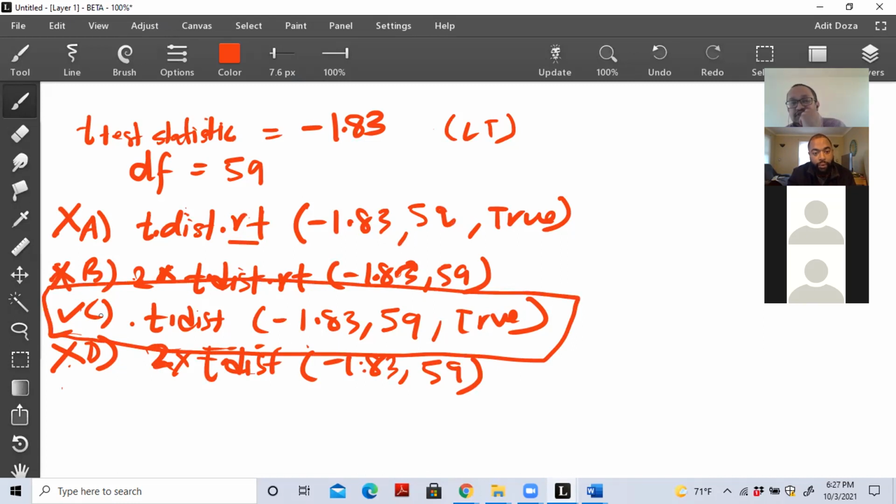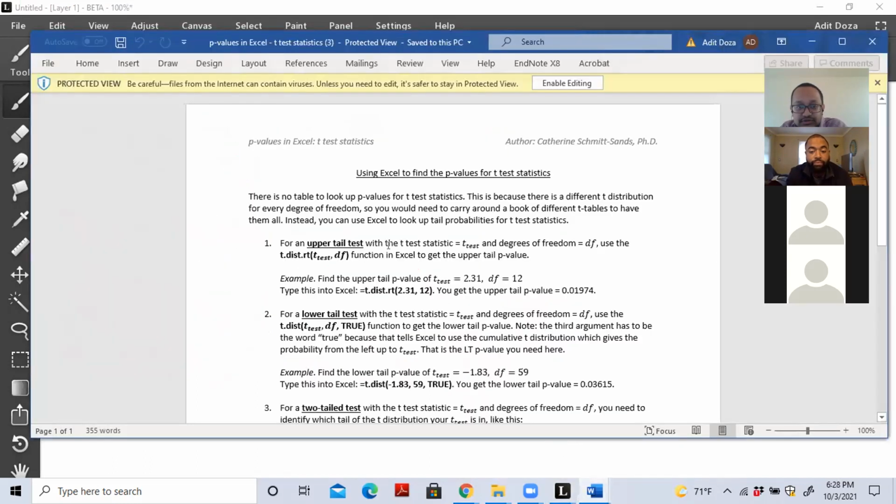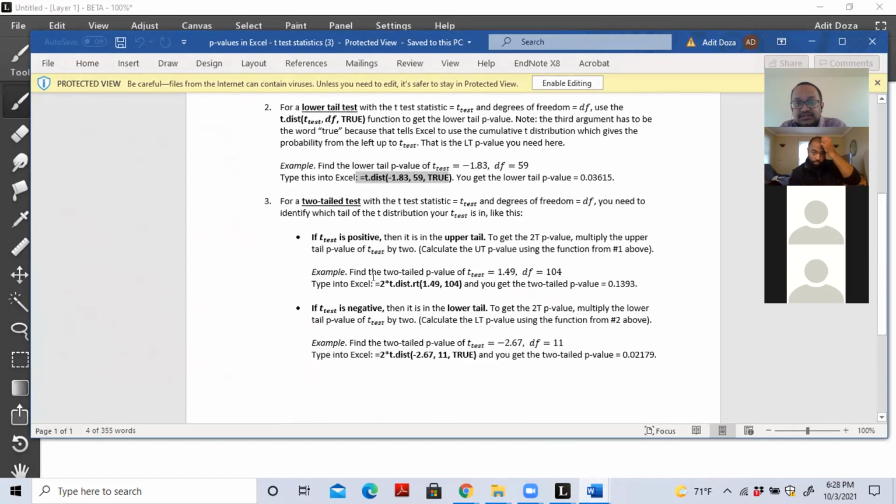So you don't need Excel. You just need to know which one makes sense, lower tail, and it has to be TRUE. Let me show it to you. The lower tail test format is this one. The two-tail test format is this one, or it could be this one too.